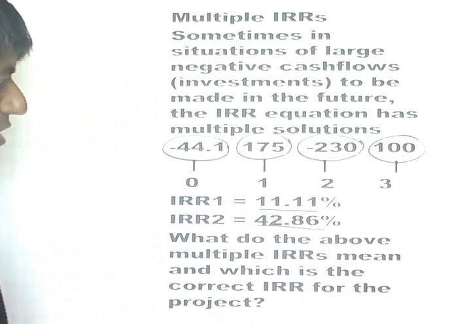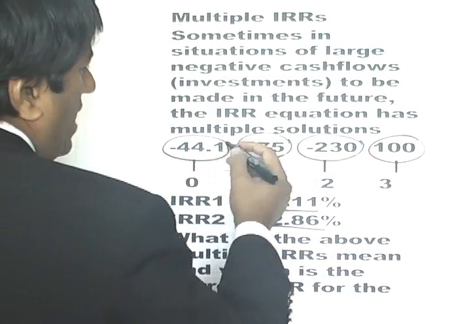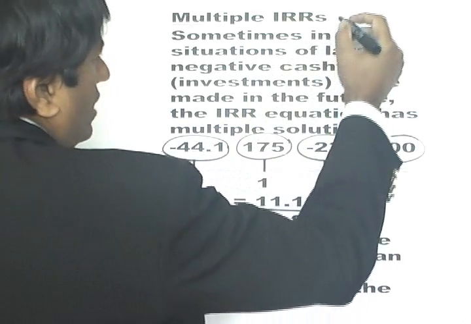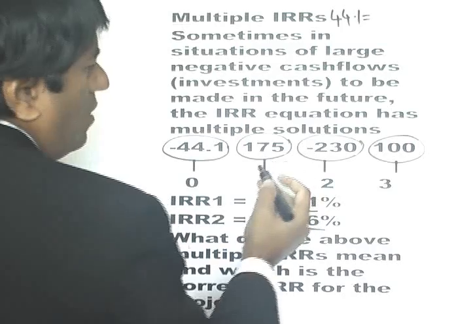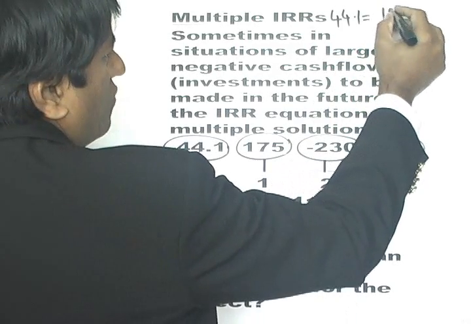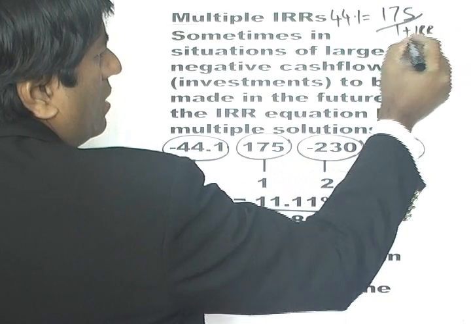this IRR equation. You know, the IRR equation is basically going to set the initial investment of 44.1 equal to 175 by 1 plus IRR.